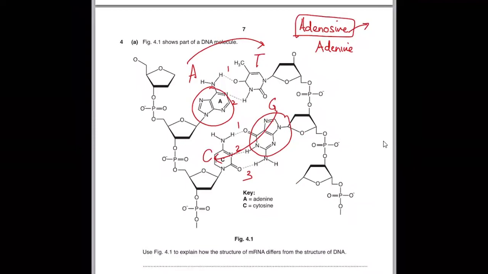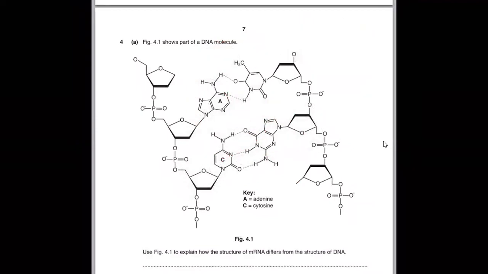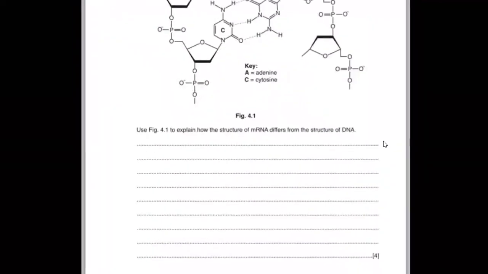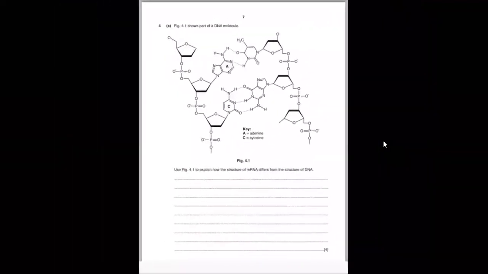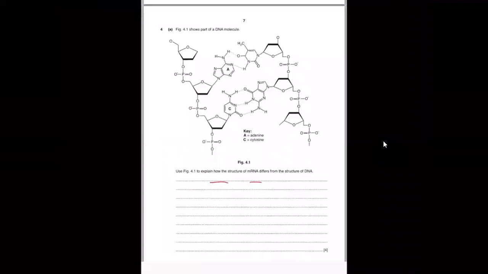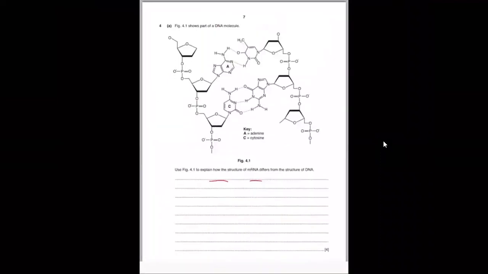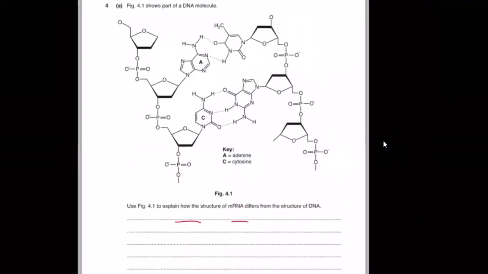What answer would you write? You let me know, both of you. It's a 4-mark question, and they are asking you to use this figure to explain how the structure of mRNA differs from the structure of DNA. 4 marks.